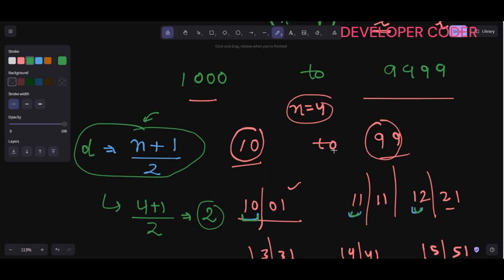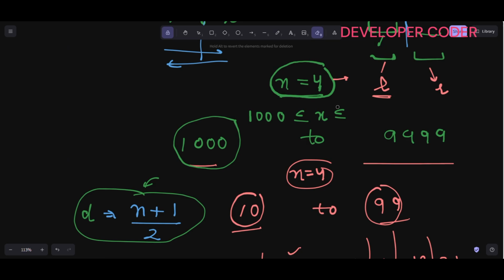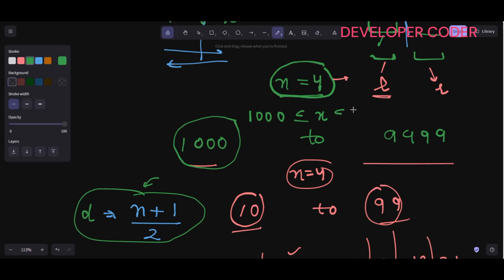Now here, if you see one more thing, how am I calculating this range? For n equal to 4, my range is going to be 1000 until here. Let's suppose there is one number x, and it should be less than 5 digits, until 99999. So how can I write this range?